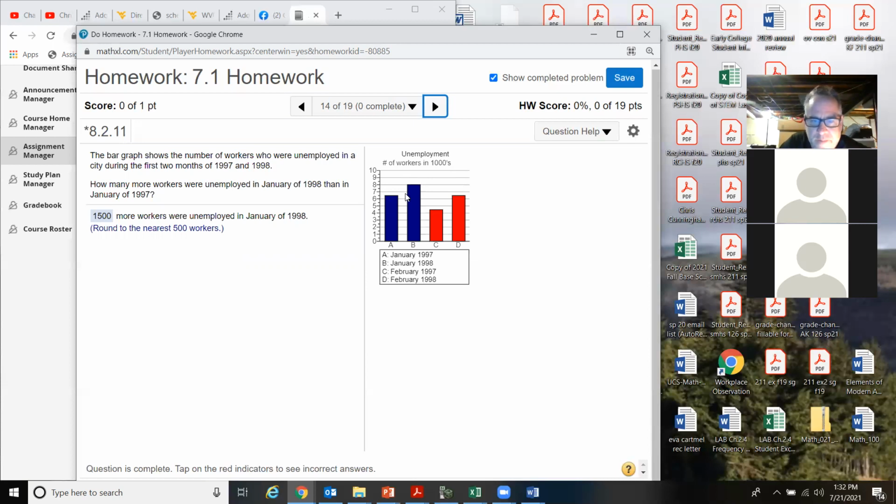Now 8 minus 6.5 is 1.5. But notice this again says the number of workers in thousands. So what I would end up doing here is adding the 3 zeros to get my thousands. So not 1.5, but 1,500. Or simply move the decimal place 3 times. So 1.5, boom, boom, boom, and that's where I get my 1,500.